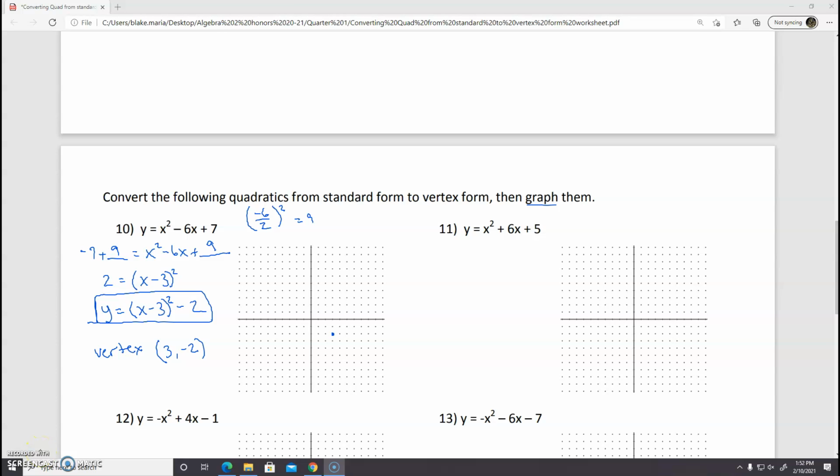Now, if you wanted to for the other points, you could do a t-chart, or hopefully by now we've done so many parabolas, you can remember the basic parabola. So over 1, up 1, over 1, up 1, or over 1, up 1, 2, 3, over 1, up 1, 2, 3. And from there you can graph your parabola.